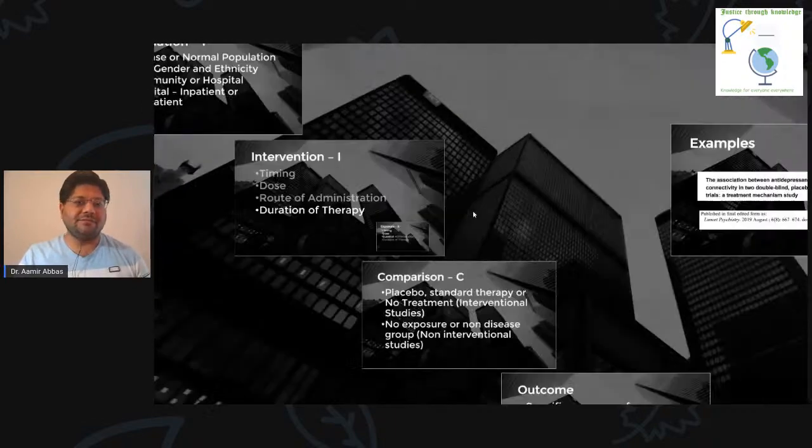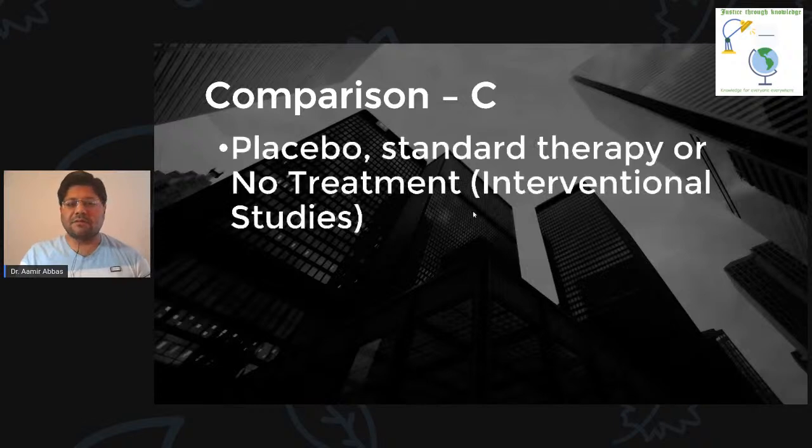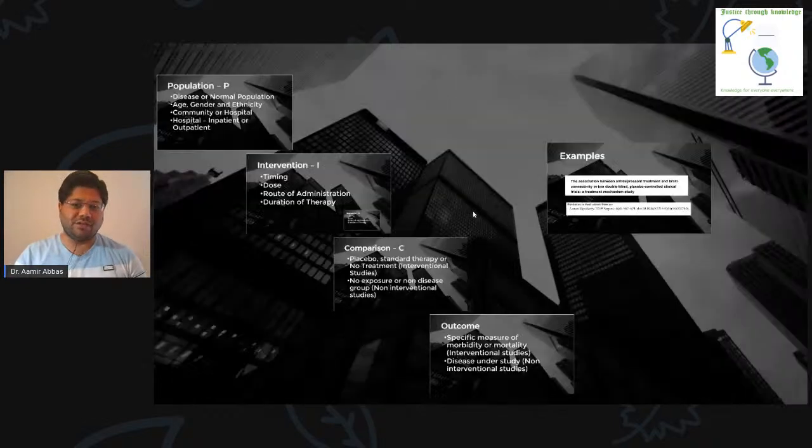Again, the C stands for comparison group over here. For example, whenever we are talking about an interventional study, we can compare it to placebo, to standard therapy, or no treatment. And whenever we are talking about non-interventional study, then the comparison group can be either exposed compared to the non-exposed individuals, or diseased individuals compared to the non-diseased individuals.